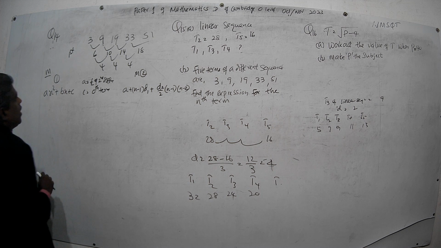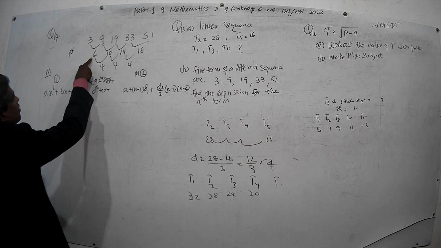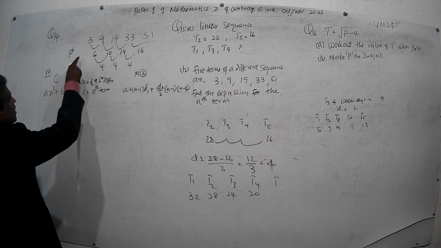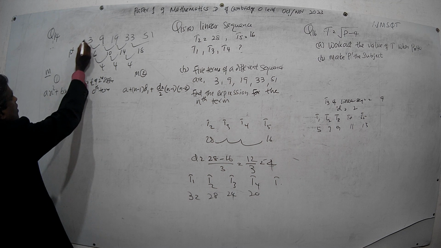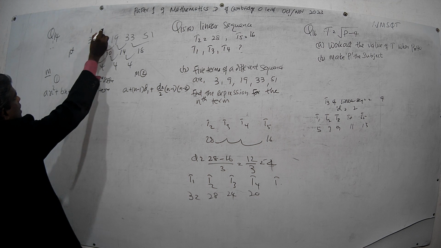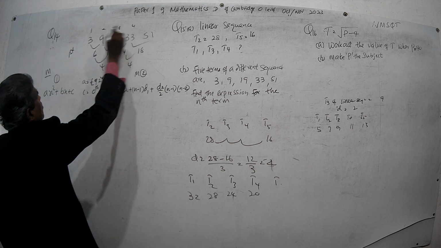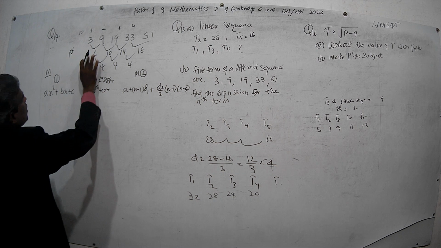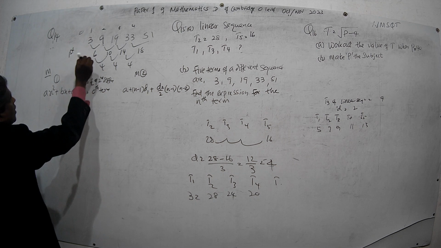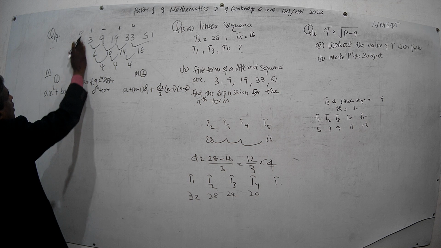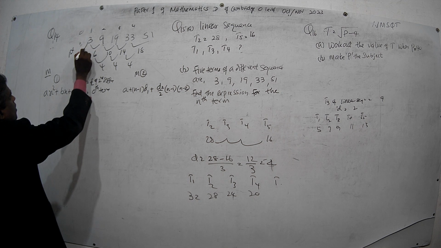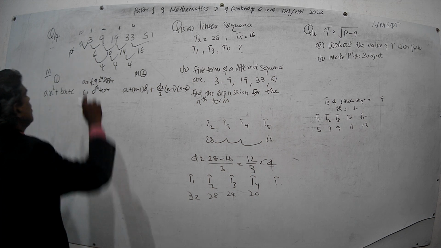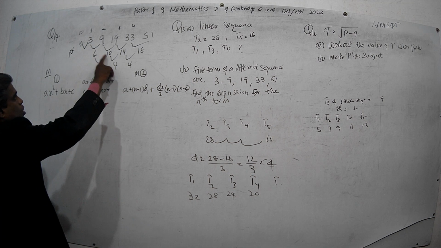Here this difference is 6. Then the difference between this difference and this difference must be there. This is the first term, second term, third term, fourth term. Then this will be the zeroth term, here. We will find this difference first. It will be 4 less than 6, because this one is 4 more than this.